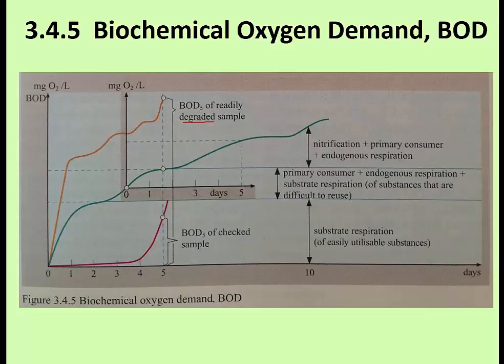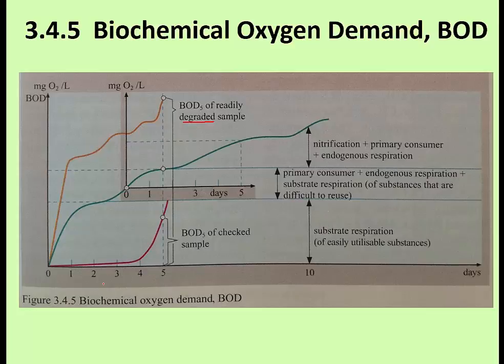If you have other things going on in here, other materials in there, different types of substrates and whatnot, it can change that BOD profile. Or if you look at just the respiration of things that can easily be used by your bacteria there, then you can see that overall check.